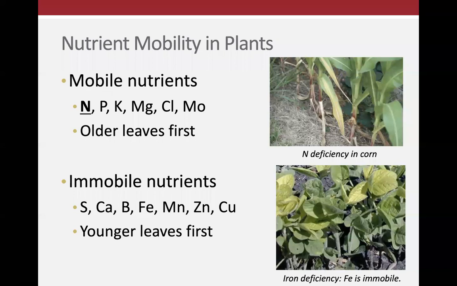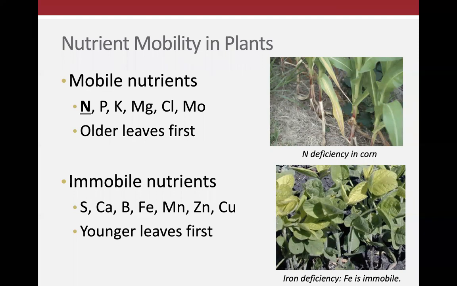And so, for the three main nutrient constraints in Ohio agricultural systems, N, P, and K, almost always manifest or show up in those lower and older leaves first, okay?